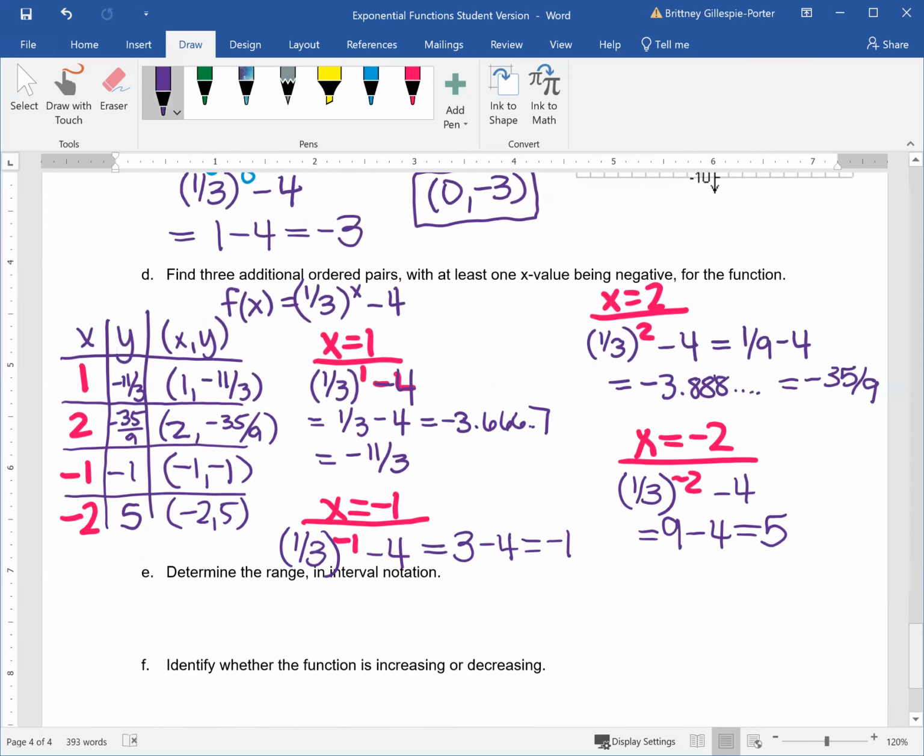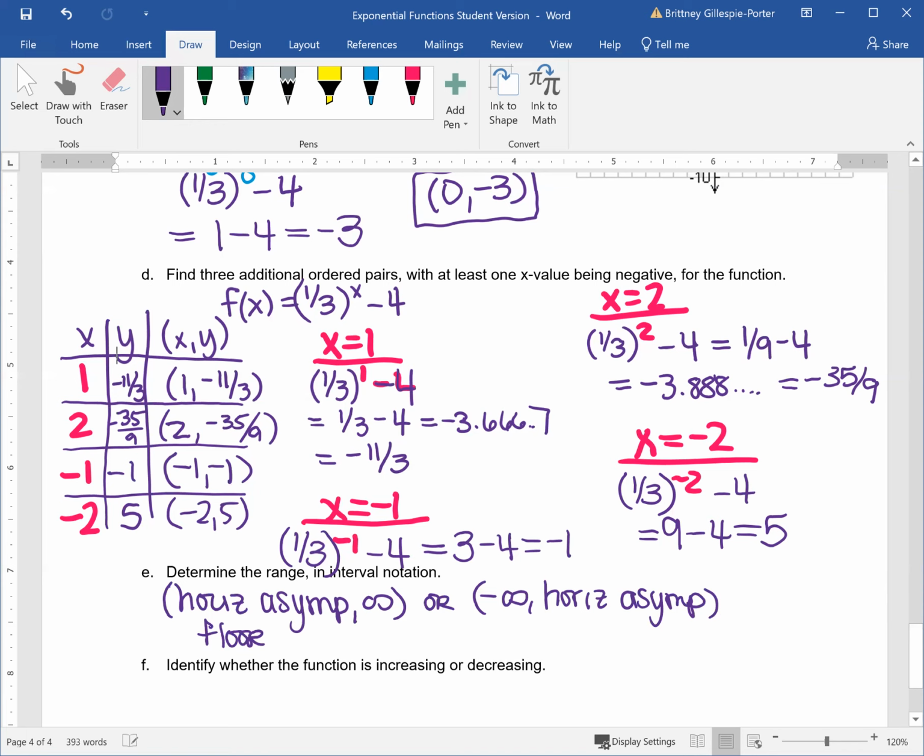So our range in interval notation, remember I told you it was going to be in two forms. It's either your horizontal asymptote, comma, infinity, or -infinity to your horizontal asymptote. The first case is when your horizontal asymptote is your floor. And the second case is when your horizontal asymptote is your ceiling for your function.